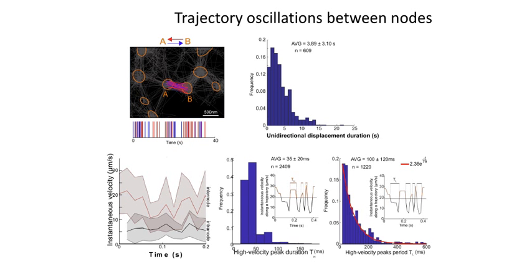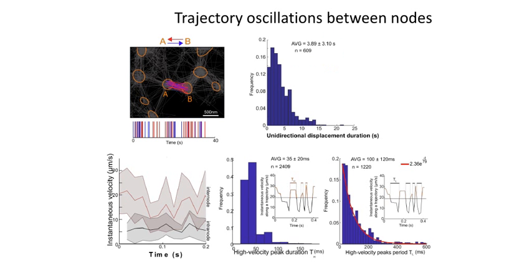So what we found using this analysis is that there is a distribution of unidirectional displacement, and this time scale was about 3 seconds. The interpretation of this very long time is that inside these trajectories, we are not necessarily seeing all of the molecules because not all of them are activated.